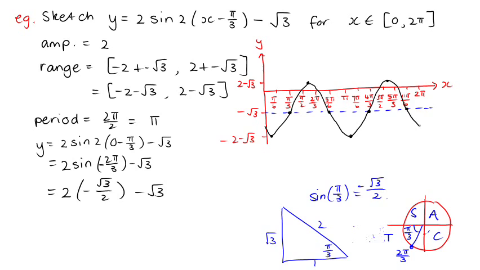Still following? It does get tricky, but just with practice it gets easier. So then you multiply in that 2. We get negative 2 root 3 on 2, which is just root 3, minus root 3, which is negative 2 times root 3. Amazing. So this point here is actually negative 2 root 3.